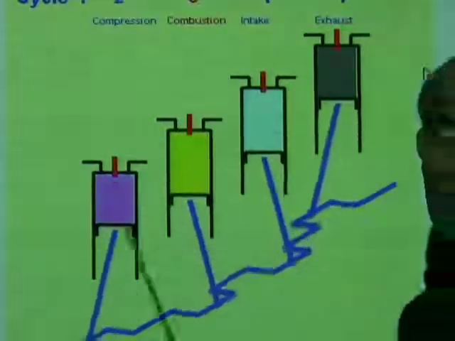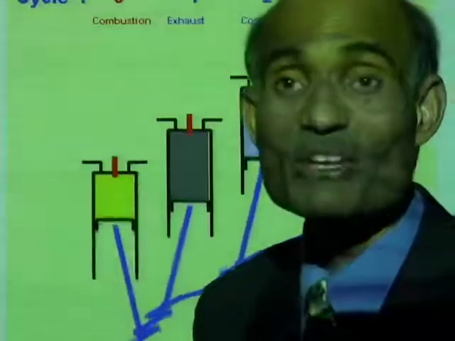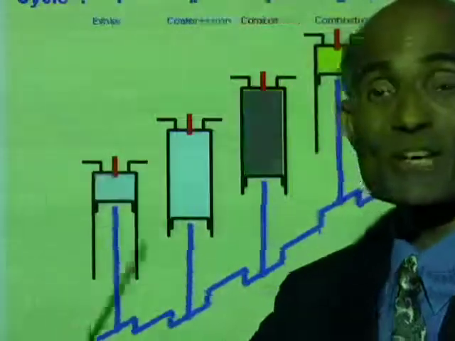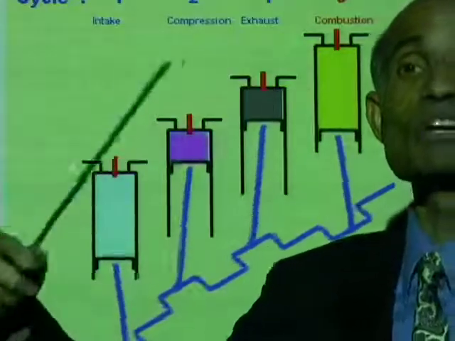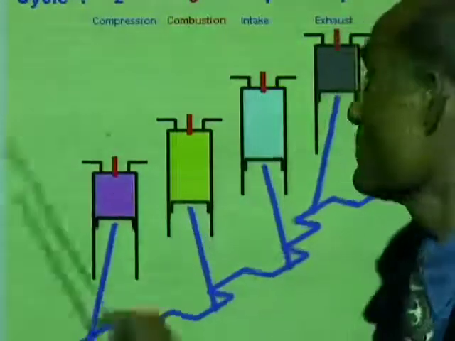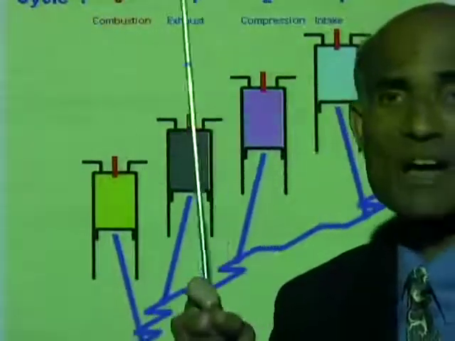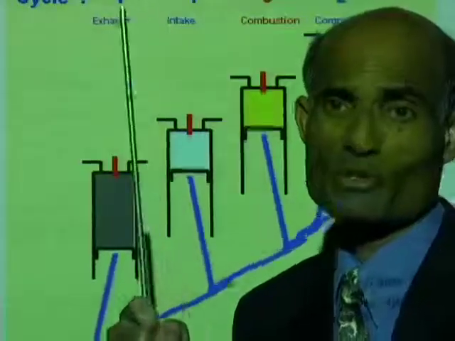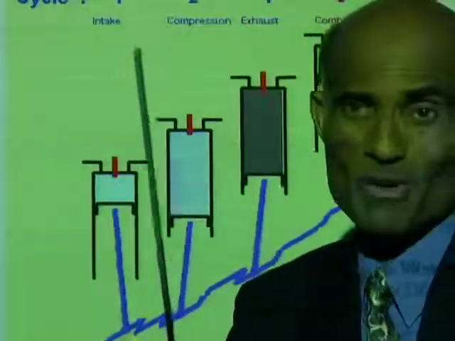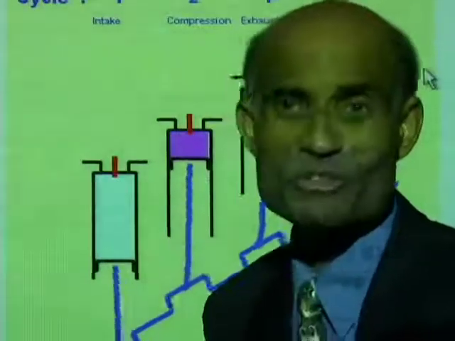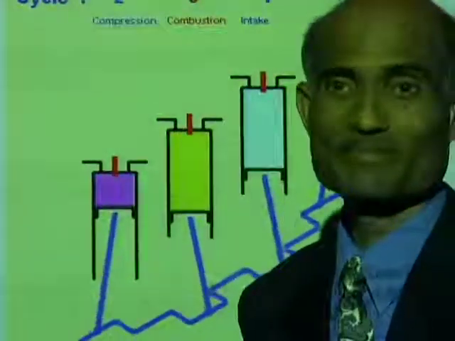So each of these cylinders delivers energy to your engine at a continuous rate so that your car will run very smoothly. Now, if there is only one cylinder, how will your car run? It will go chuk, chuk. Is that right? Okay, I don't think you want that.